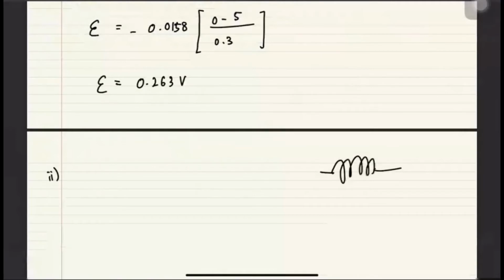So basically you can apply the same formula. Cuma instead of L dia pakai M lah. M sama dengan mu not. Kalau tadi N square kan, dia jadi N1, N2, A over L. Okay. So N1 ni masih lagi 1000. Cuma N2 tu dia jadi 50.